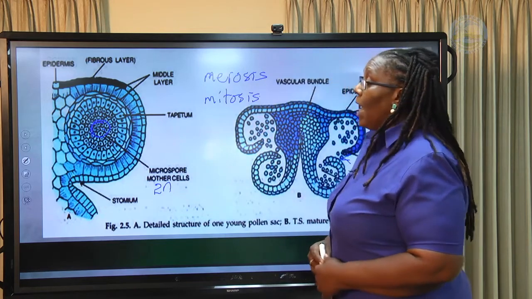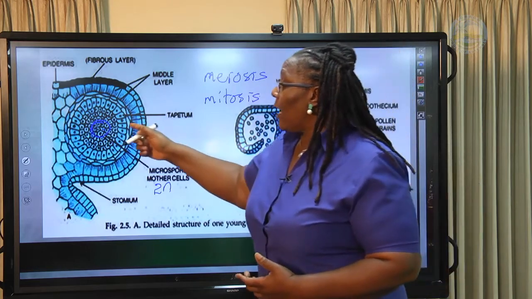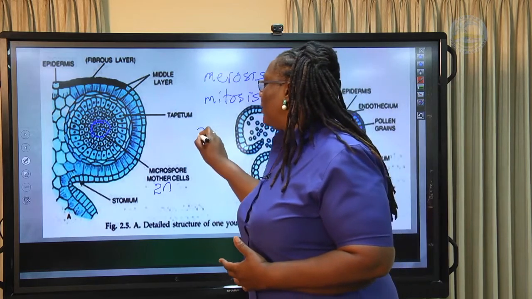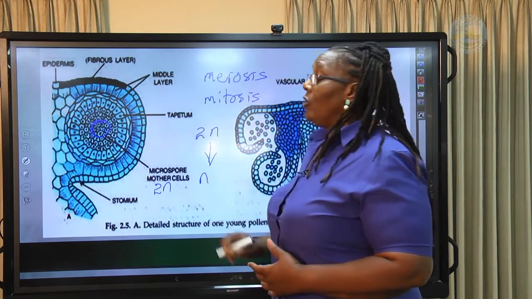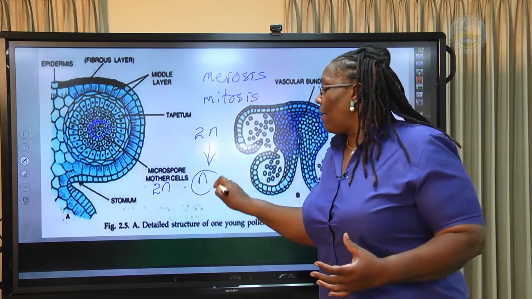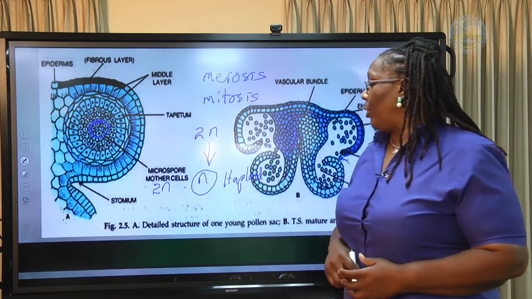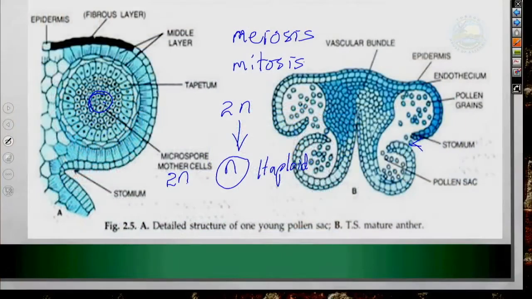In order to maintain that diploid number, these cells have to go through the process of meiosis, which goes from 2N to N, from diploid to haploid, H-A-P-L-O-I-D, so that when the pollen grain, which is haploid, meets with an ovule, which is the female gamete, we will maintain the number of 2N.